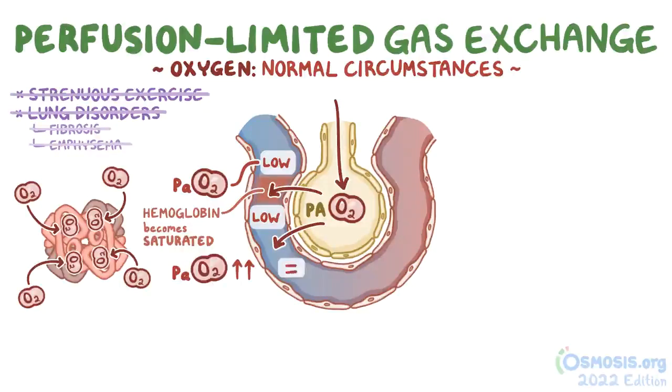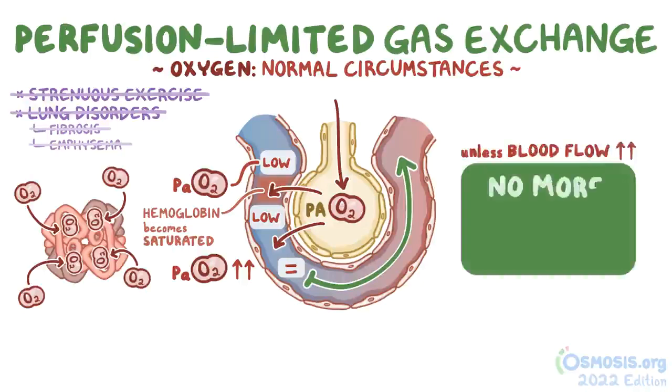This pushes the point of equilibrium between PAO2 and PaO2 at around 1/3 of the capillary length, a bit further compared to the 1/5 in nitrous oxide. From here onwards, unless the rate of blood flow increases to bring in more oxygen-hungry blood, no more net diffusion of O2 can occur.